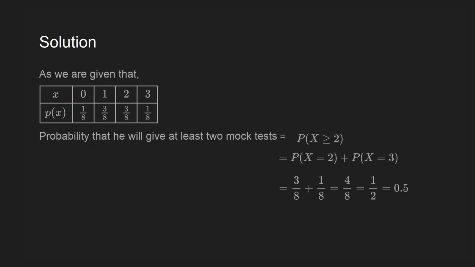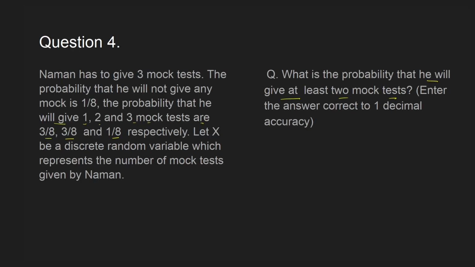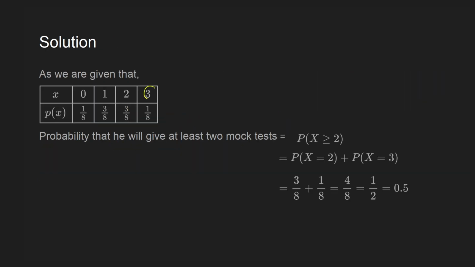Okay. Now here we can see that Naman has to give 3 mock tests, and the random variable x is a discrete random variable which is representing the number of mock tests given by Naman. So the maximum value that x can take will be 3. So either Naman is giving no test, or he is giving 1 test or 2 tests, or maximum 3 tests he can take.